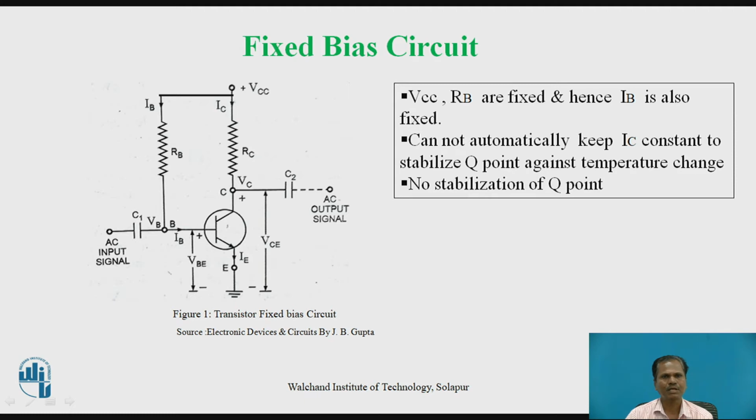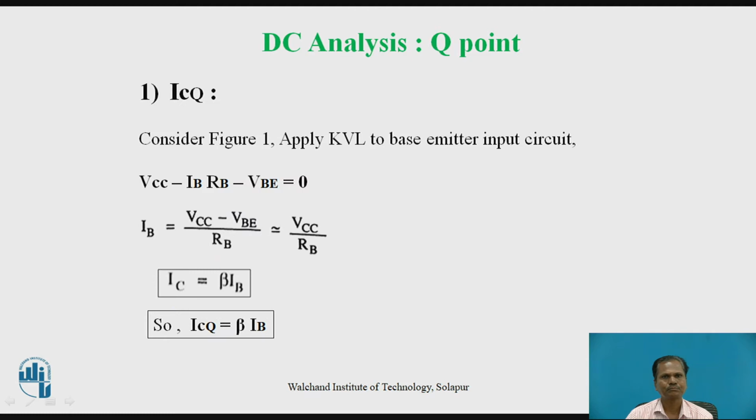So, IB cannot automatically control the value of collector current IC. So, this biasing circuit cannot automatically keep IC constant to stabilize the Q point against temperature change. So, fixed biasing circuit does not provide any stability to the DC operating point or quiescent point of the transistor common emitter amplifier using fixed biasing circuit.